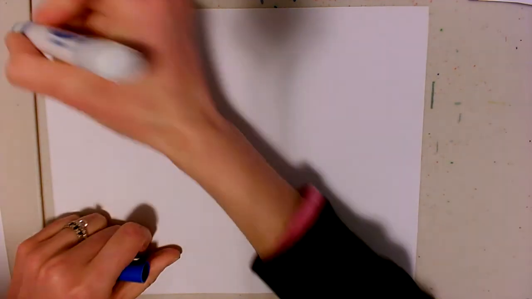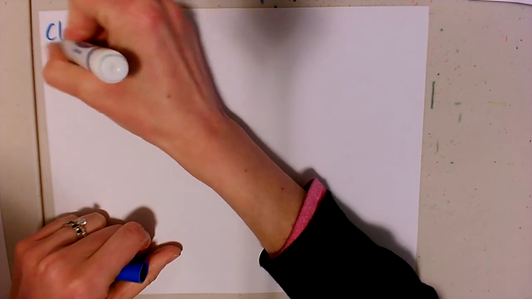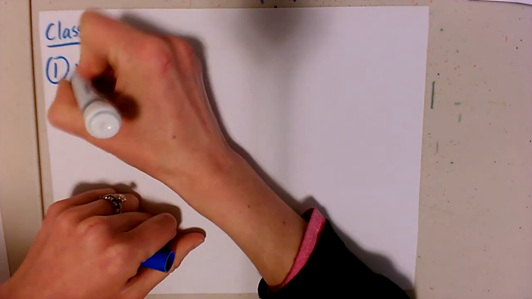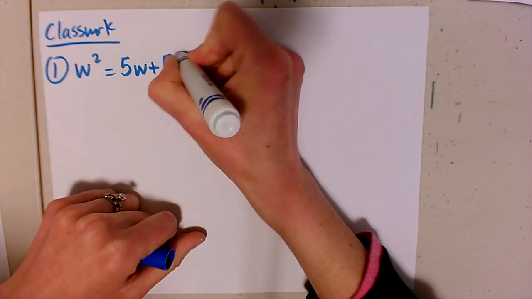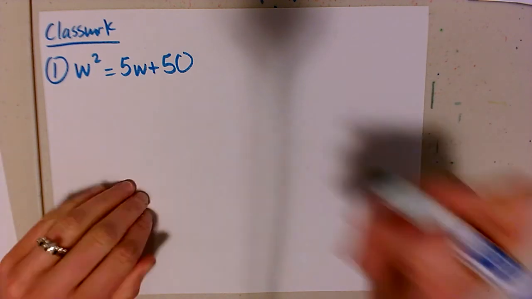If we go ahead and take a look at this classwork, for number 1, we have w squared is 5w plus 50. The first thing that we want to do is set this up so that we can use the quadratic formula with it. So we want to get it set equal to 0.